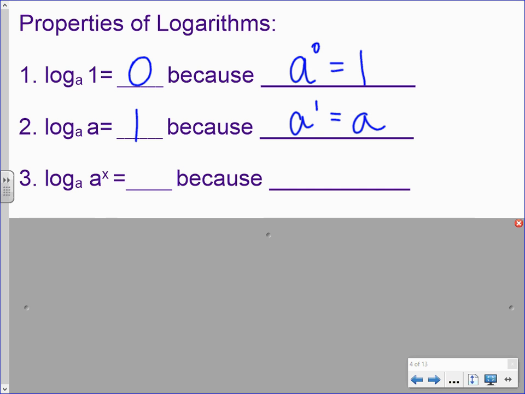Pod 3. It would equal x, because like if you have log base 2 of 8, that would equal 3, and 8 is 2 to the 3rd.